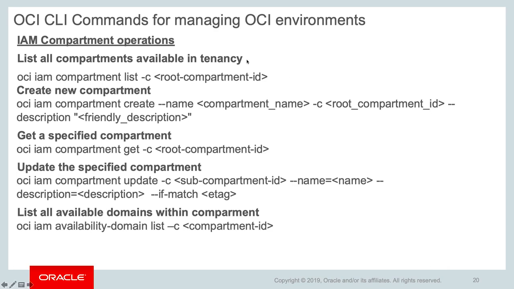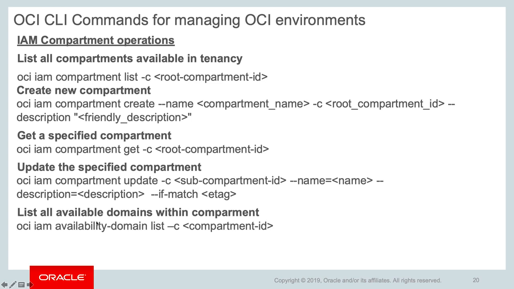We will quickly go through some of the commands you can perform, just to give you an idea. You can always refer to the documentation, but you can deal with all the IAM compartment operations: listing all the compartments available in your tenancy, creating a new compartment, getting a specified compartment, and updating any compartment using OCI CLI.